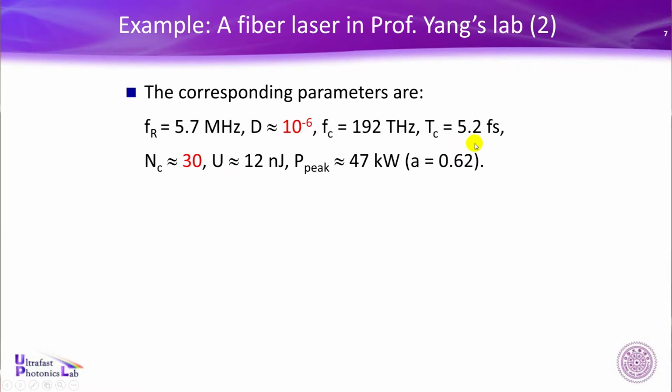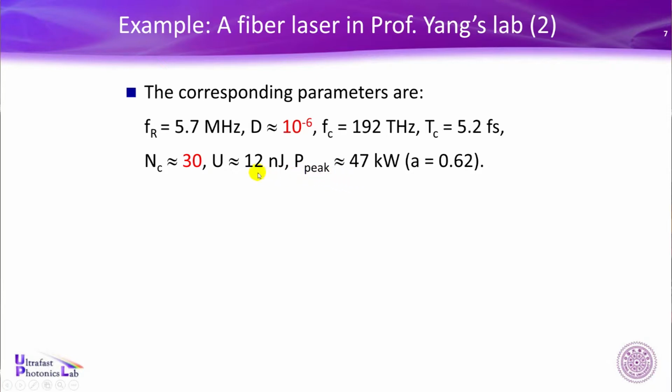That means if you can trace the electric field, the peak-to-peak or valley-to-valley spacing is very small, only 5.2 femtoseconds. And with pulse width and carrier cycle, you can calculate the number of cycles. In this case, it's about 30 cycles. With 1 shot under the envelope, there are about 30 carrier cycles beneath.